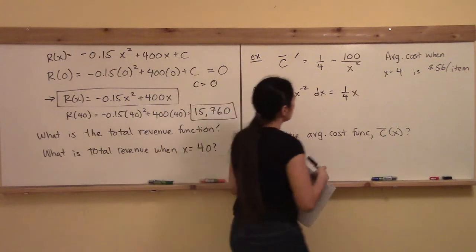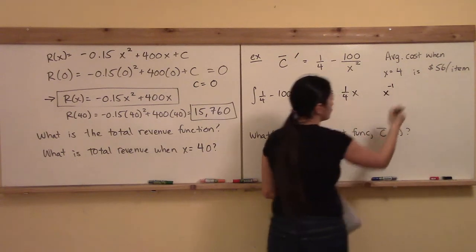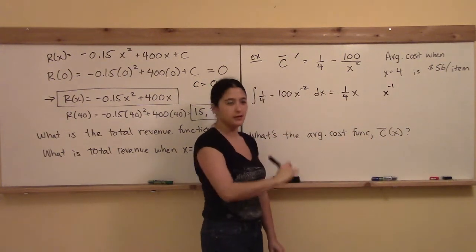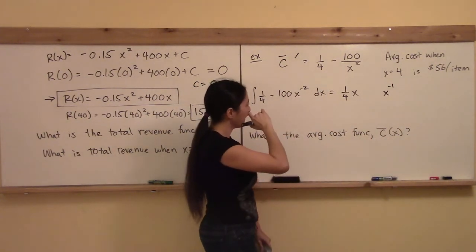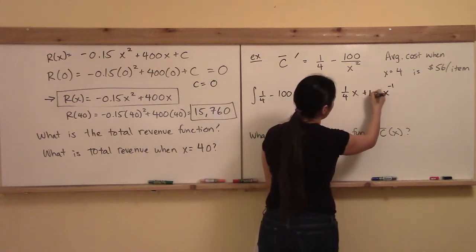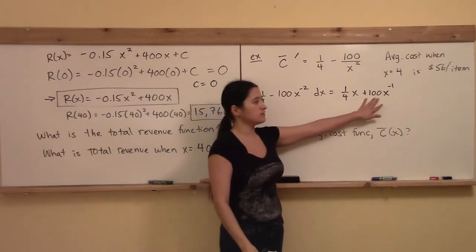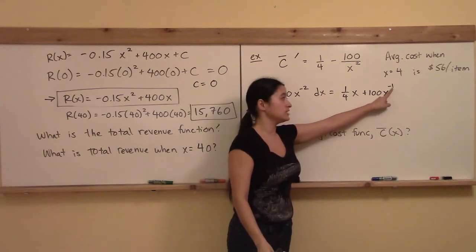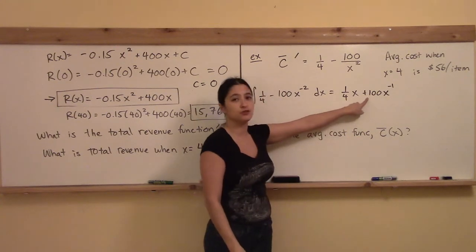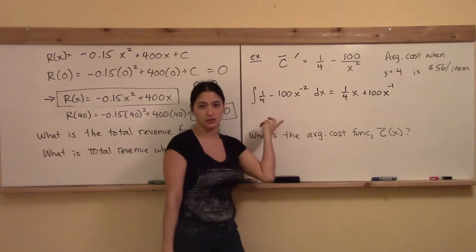Let's see. Well, x to the minus 2, when I add 1, goes to x to the minus 1, right? Minus 2 plus 1 is minus 1. And then the minus 100, well, if I put a plus 100 here, you can see that if I take the derivative of this, the minus 1 comes down, and it makes this a minus 100, which is what I have. And then the x goes down by a power to make a minus 2.